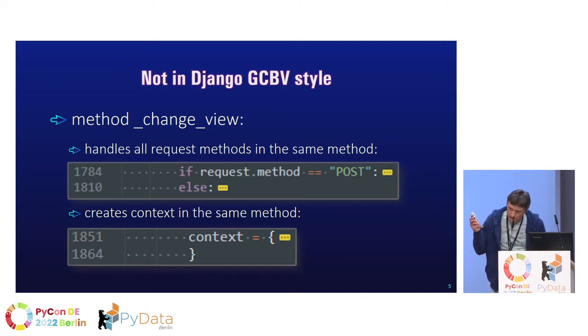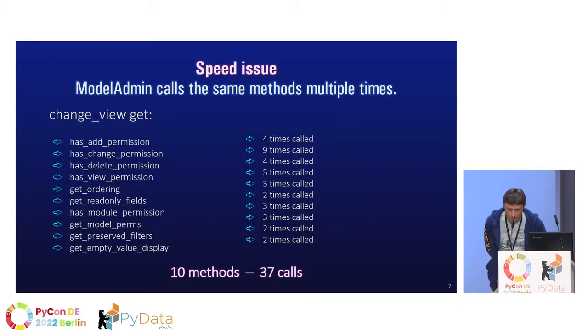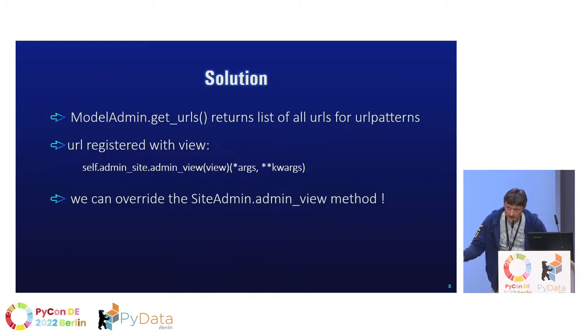We create a context. And if we want to store something, we have to create a special storage. And a big problem is a speed issue. For every request, ModelAdmin calls 10 methods many times, from 2 up to 9 times. Why? It cannot cache the results of these methods.